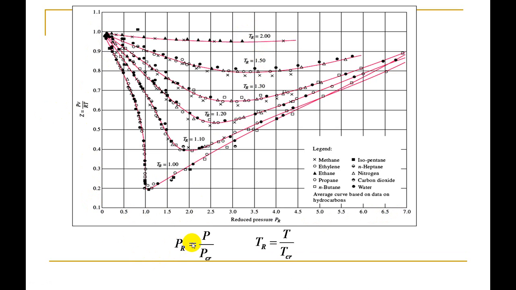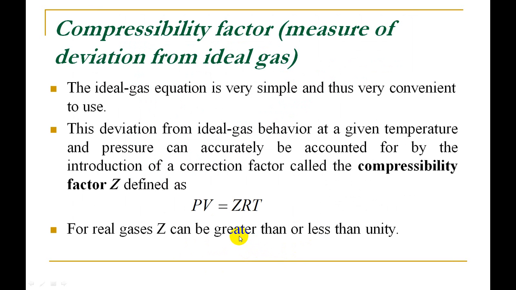PR means given pressure divided by critical pressure of that substance, and TR means given temperature divided by critical temperature of that substance. So if we have these two values, PR and TR, then we can read the value of Z from the graph, and we can use this relation PV is equal to ZRT.